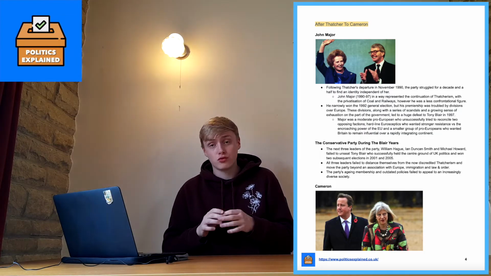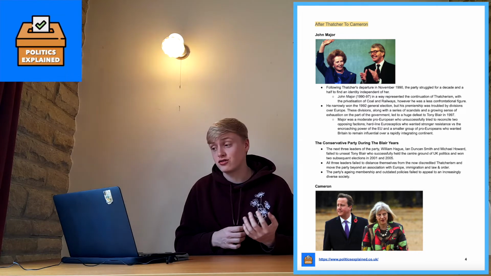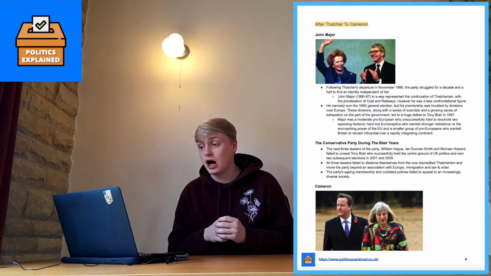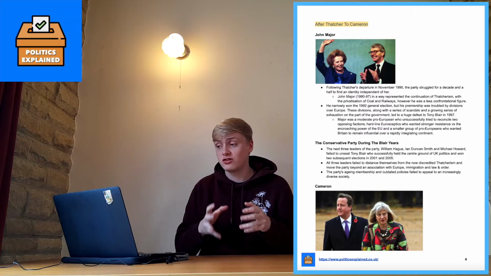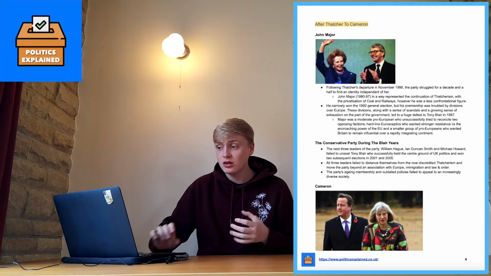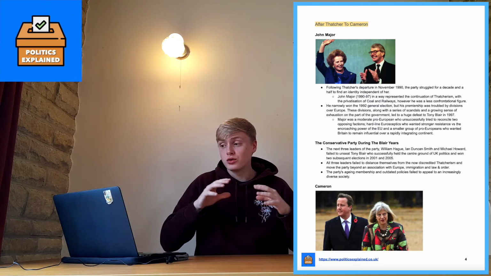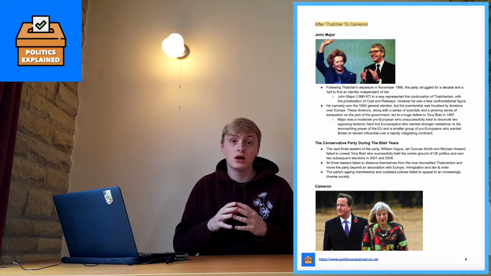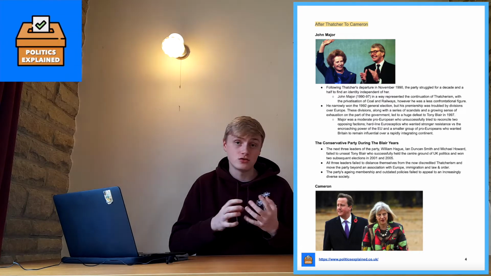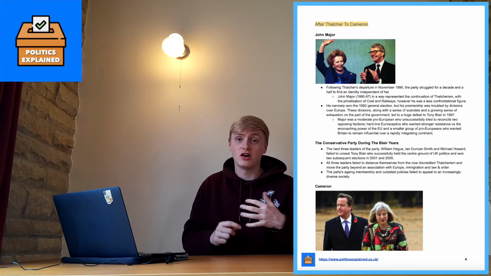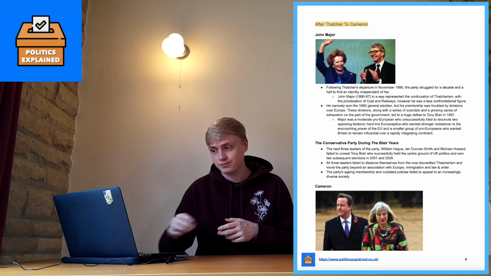Crucially, all three leaders failed to distance themselves from Thatcherism, which had become quite toxic, and failed to move the party beyond an association with Europe, immigration, and law and order. The party's ageing membership and outdated policies failed to appeal to an increasingly diverse society as well. Those are some of the key reasons why they were unsuccessful in the first decade of the 21st century.